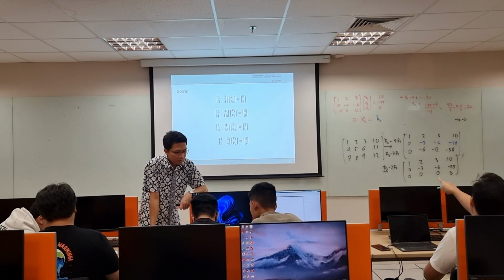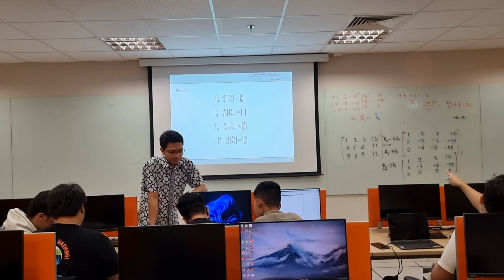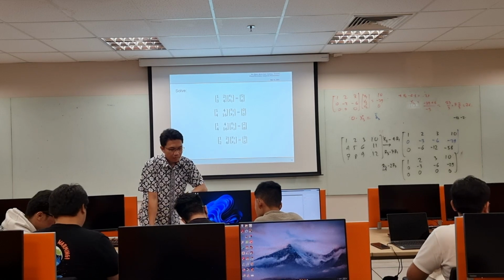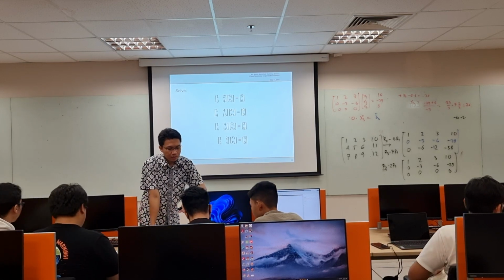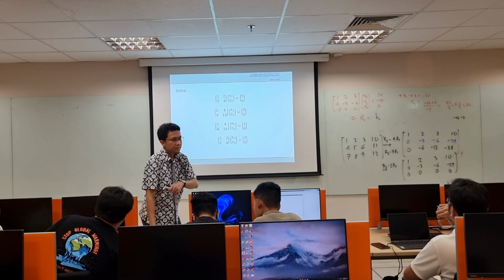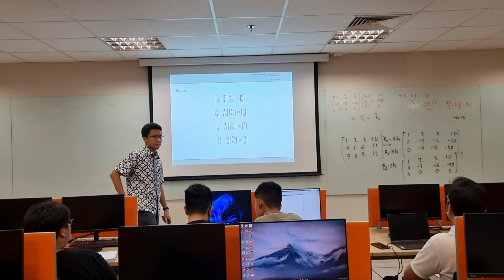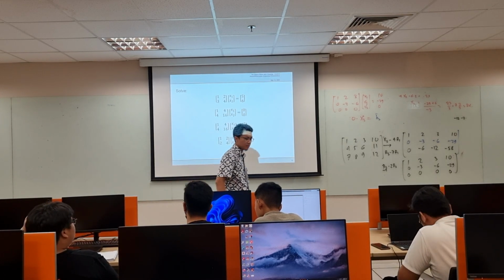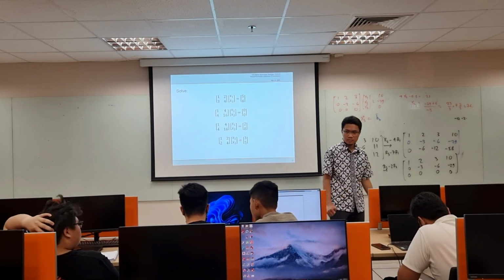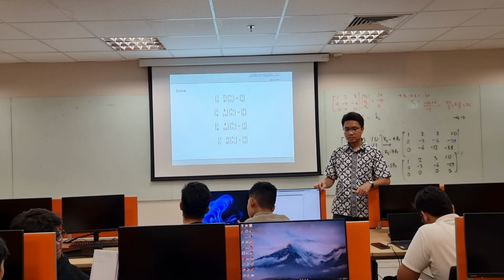It has to be non-zero. Yes, it's going to be x1 equal to 2. What if x2 equal to 1? It's going to be no solution, because it's going to be 0 times x equal to 1.